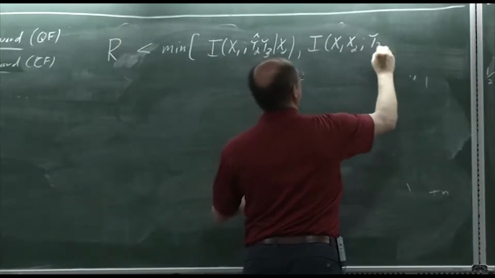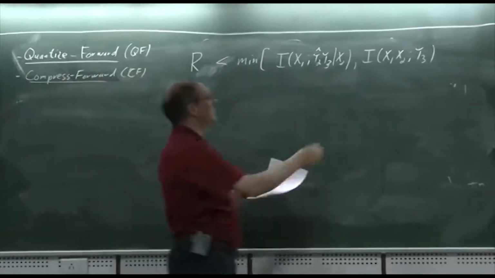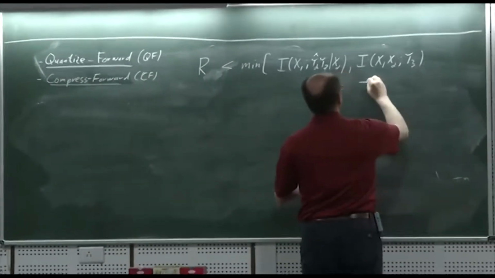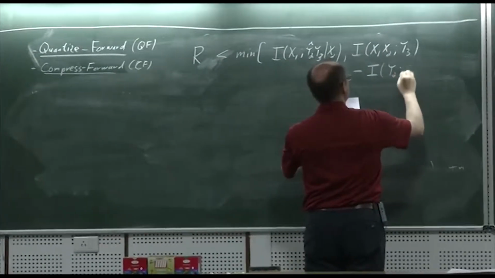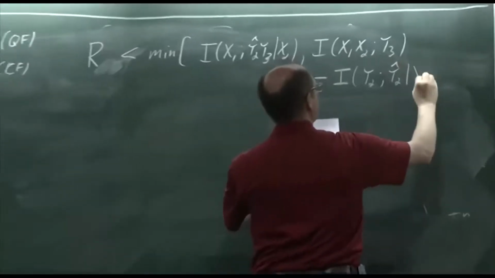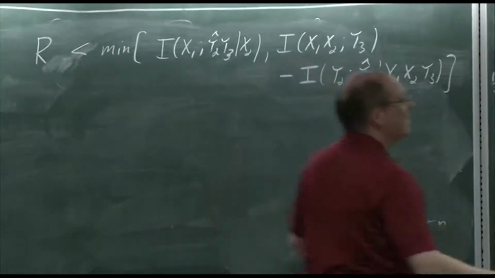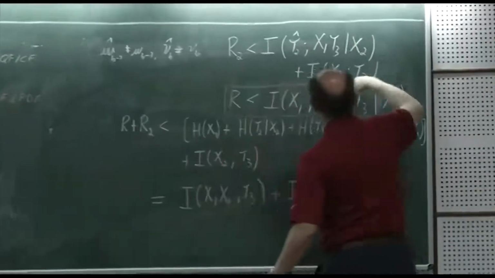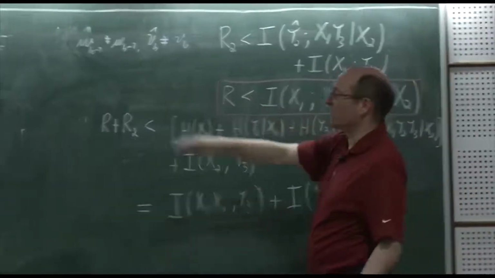If we had this, it looks like the cut set bound up to the quantization, but there is a little bit of a loss here. Minus I, and this loss is interesting, y2 hat given everything else. So after I subtract this term from this, I get exactly that. That's that second term.